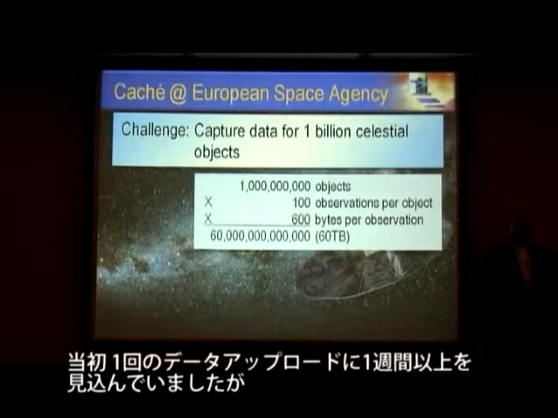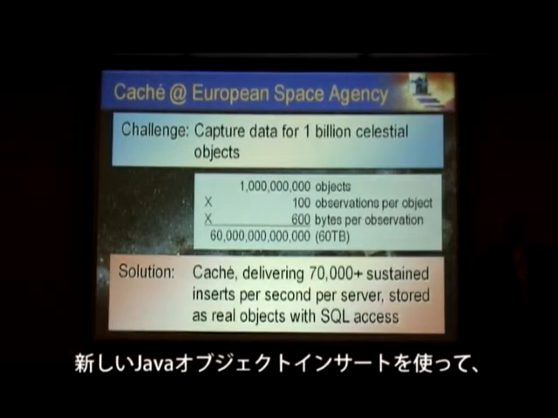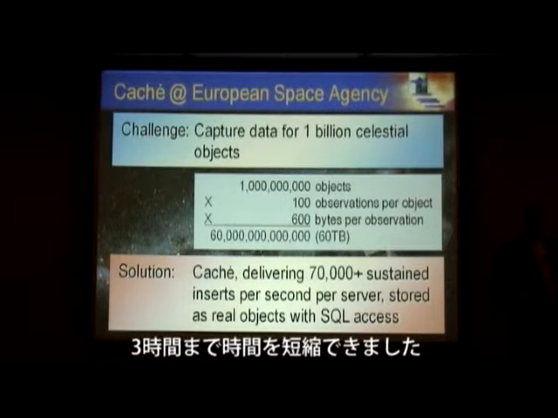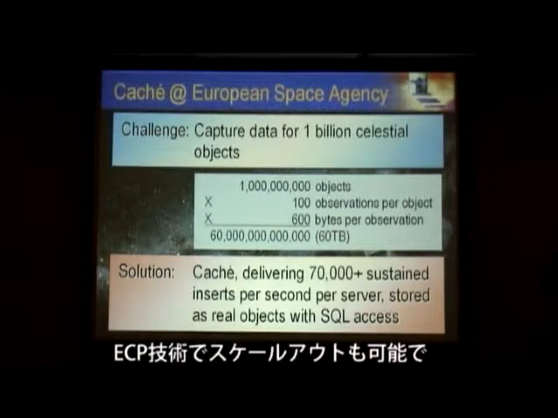When we first became engaged in this project, the European Space Agency was projecting it would take them more than a week to upload this data each time. What we're able to do, using our new Java object insert, is to trim that time down. Right now we're at about 3 hours, because we can do 70,000 object inserts per second sustained on each core that we have.